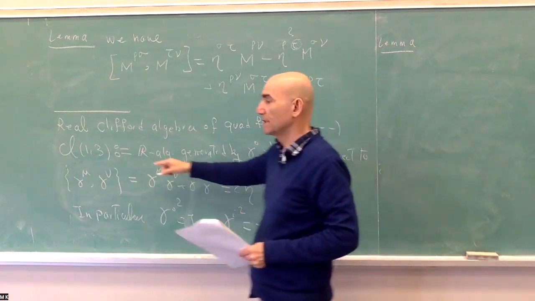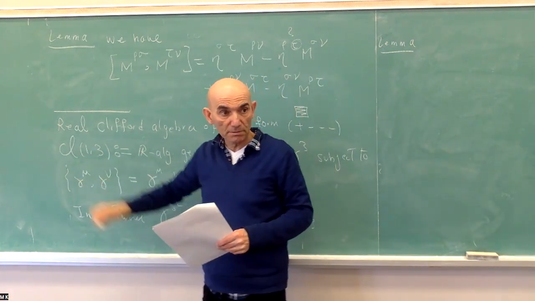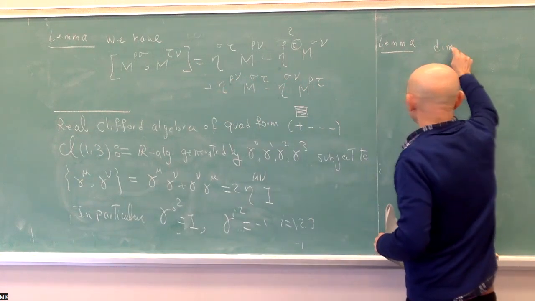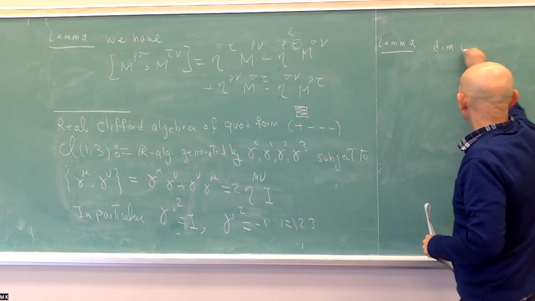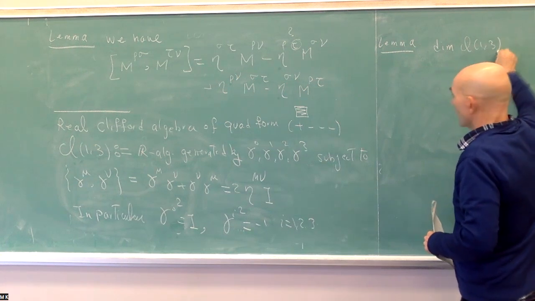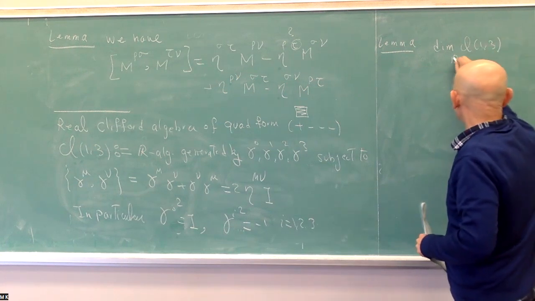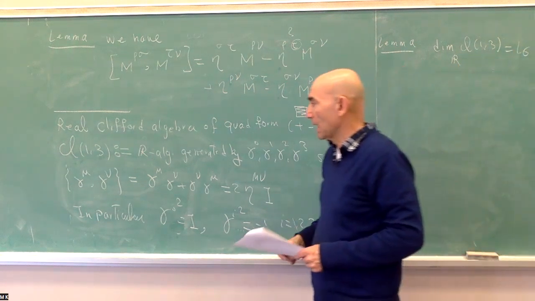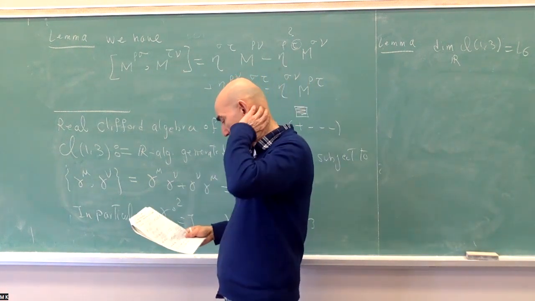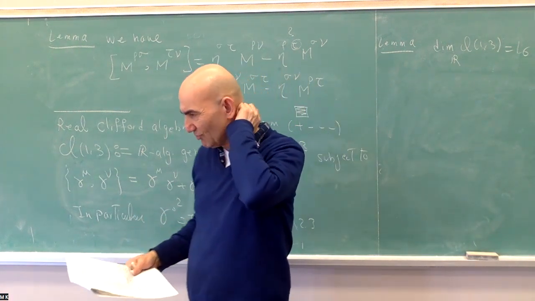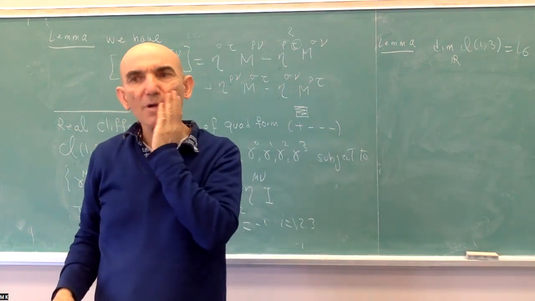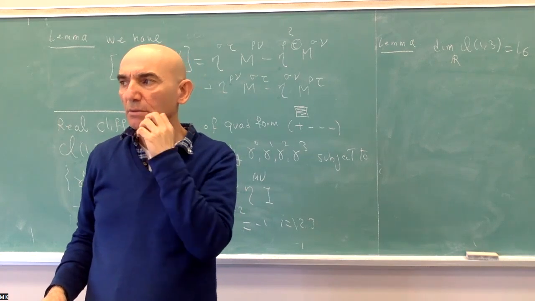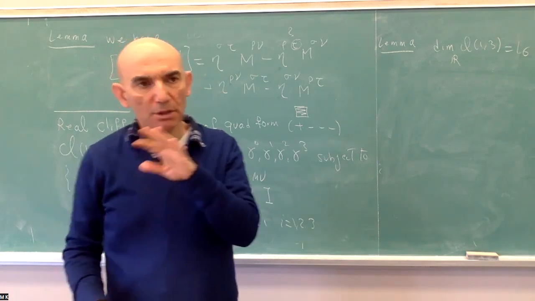First of all, the dimension of CL13 over R is 16. It needs a proof, but that's okay. And this has a unique irreducible representation. I'm claiming even a unique real irreducible representation.